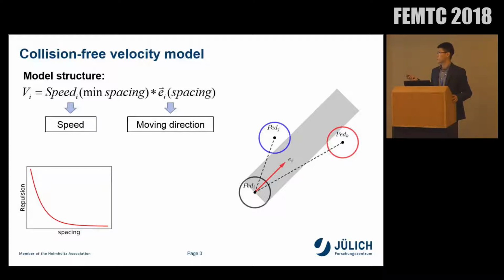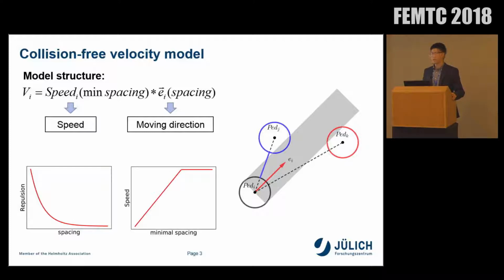But compared with pedestrian K, pedestrian J is much closer to pedestrian I. So the spacing between pedestrian I and J will decide the speed of pedestrian I, which is the length of the blue segment in this figure. We call this distance the minimal spacing in front of the pedestrian in the moving direction.